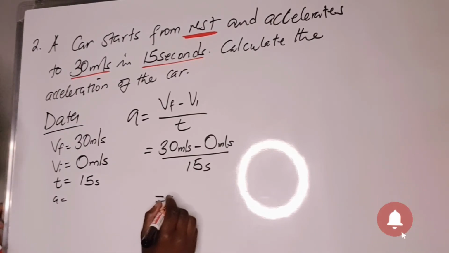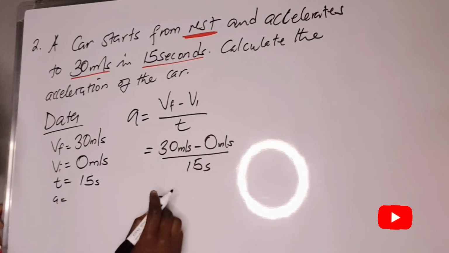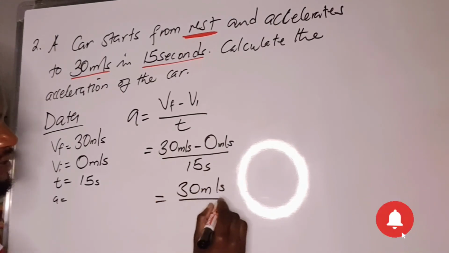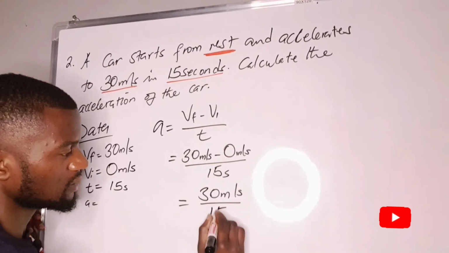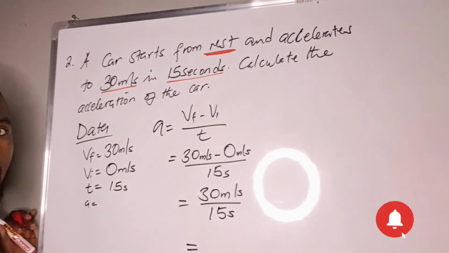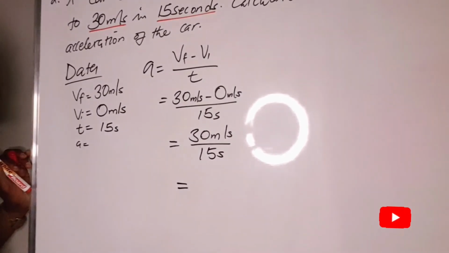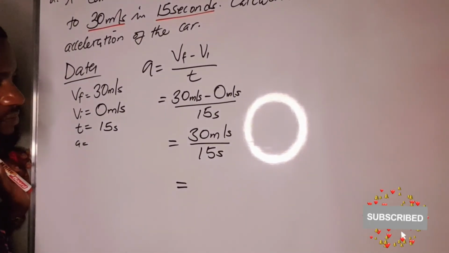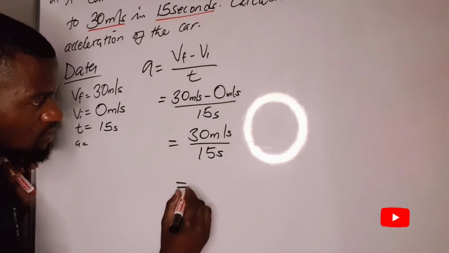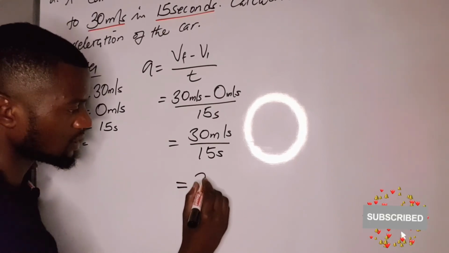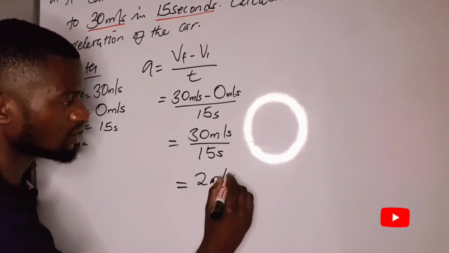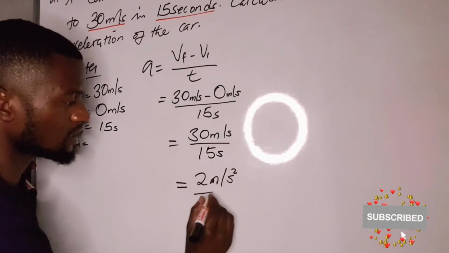So when you say 30 minus 0, we have 30 meters per second divided by 15 seconds. So we are going to have 15 into 30, that is 2 times. So we say 2 meters per second squared as our acceleration.